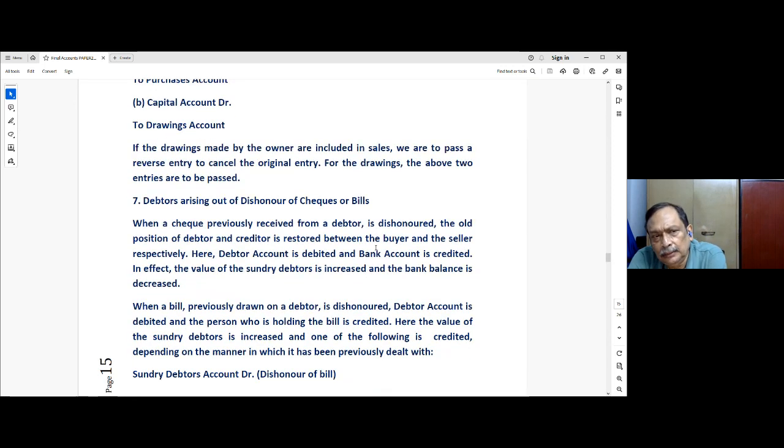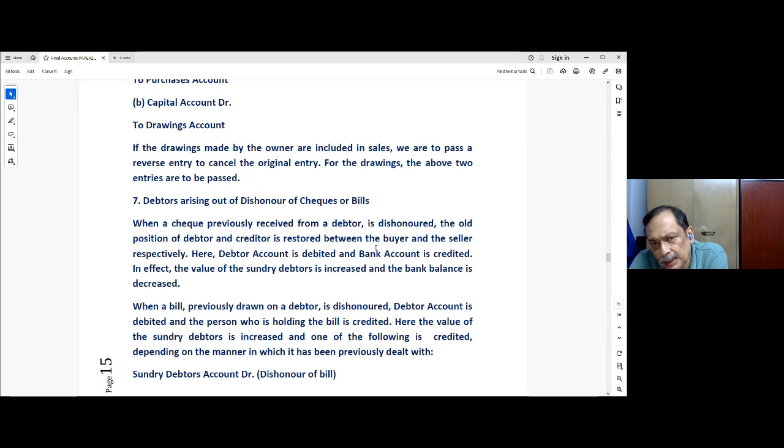Next, number 7, debtors arising out of dishonor of checks or bills. When a check previously received from a debtor is dishonored, the old position of debtor and creditor is restored between the buyer and the seller respectively.